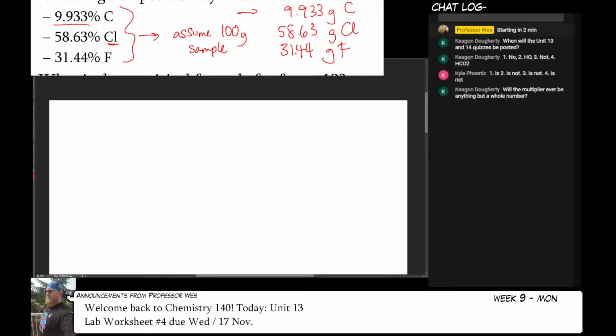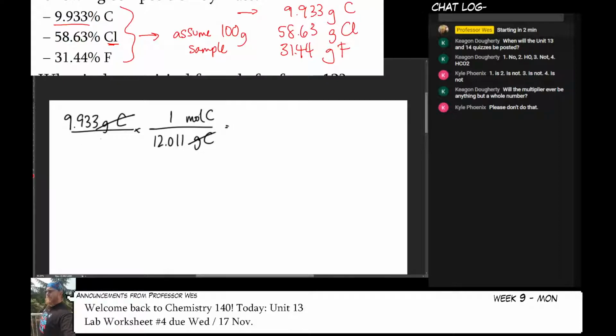All right, so we can very easily turn grams of carbon into moles of carbon. All we have to do is go to the periodic table and look up the mass of carbon. In a mole of carbon, according to the periodic table, there are 12.011 grams of carbon.